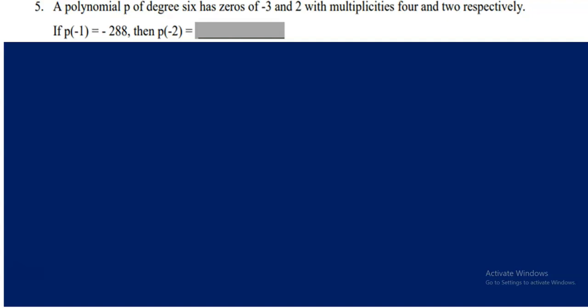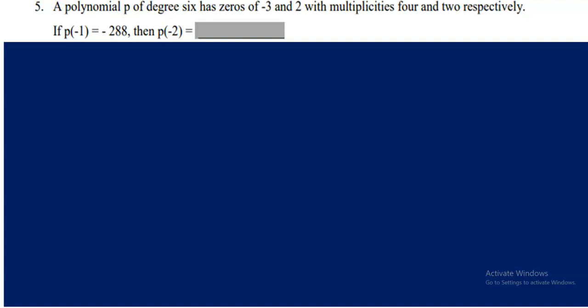After having this, what comes next is, you see, the coming fifth question of the filling the blank part. A polynomial p of degree 6 has zeros of minus 3 and 2 with multiplicities 4 and 2 respectively. You are given that p of minus 1 is negative 288, and you are asked to determine what p of minus 2 is.